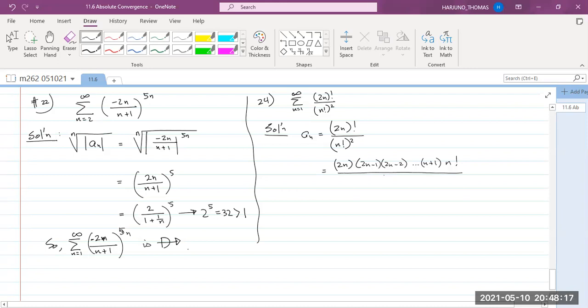over n times n minus 1 times n minus 2, all the way down to 1, times another n factorial.